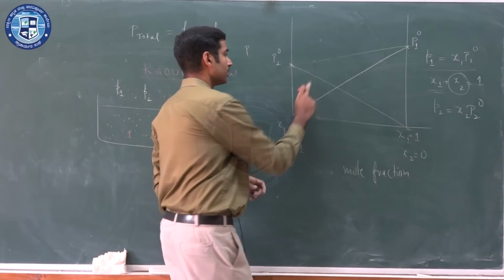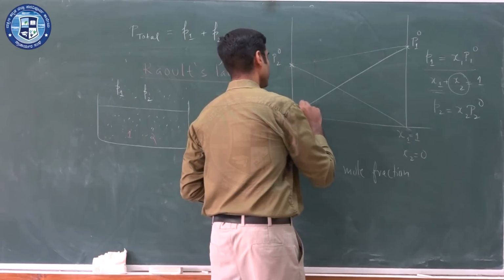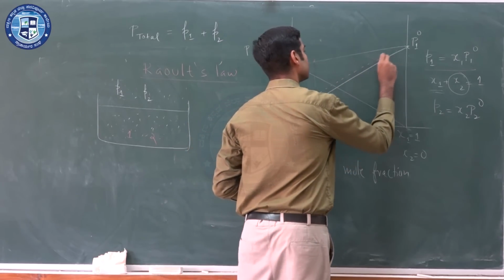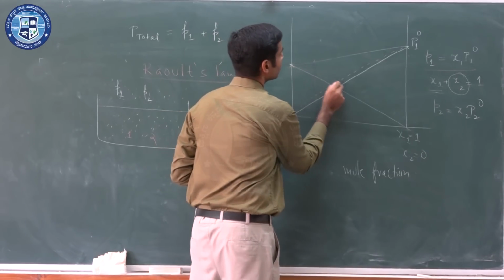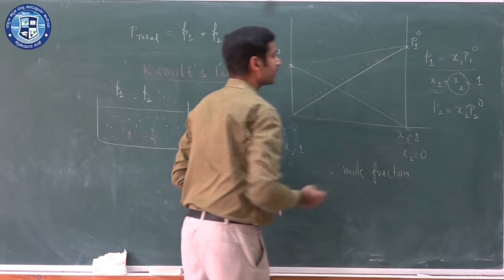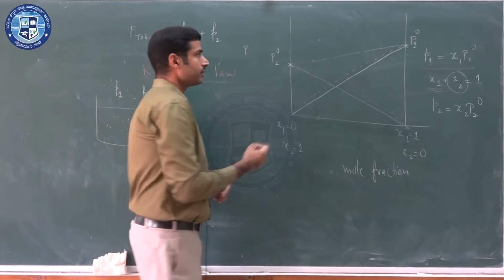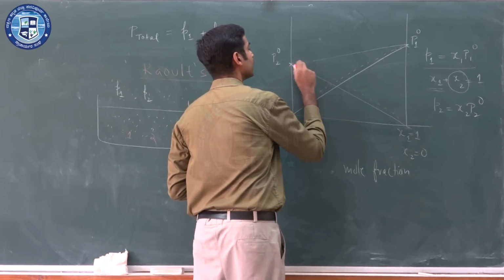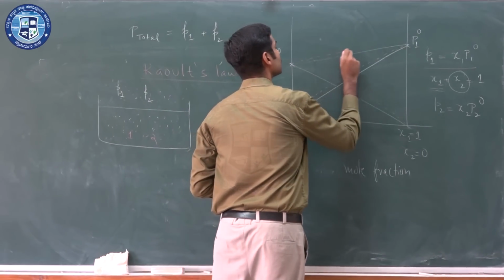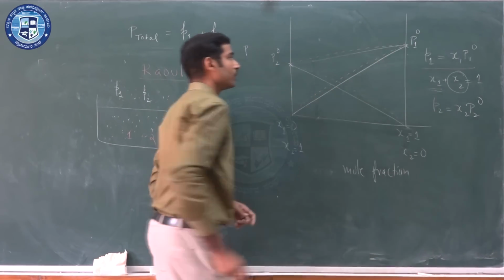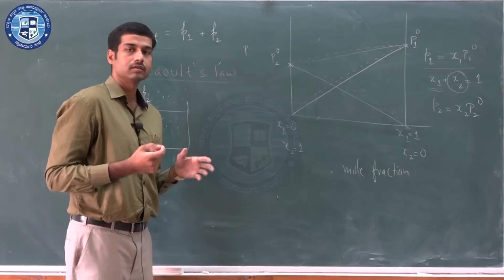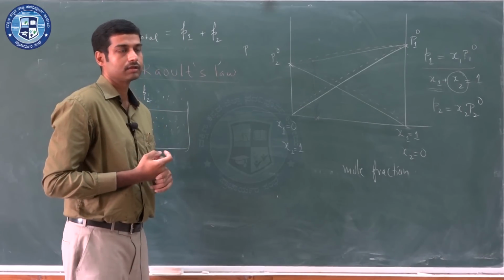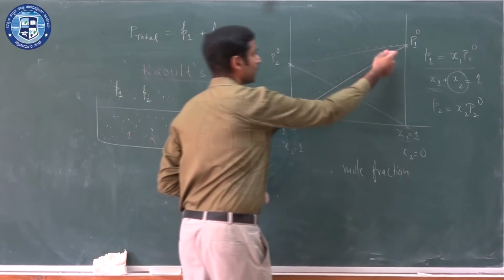In such a situation, you will usually get curves like this, which is more, the partial vapor pressure is greater than what is expected from Raoult's law, and because of this the total vapor pressure is also greater than what is expected according to the Raoult's law. Such solutions will have a curve like this.